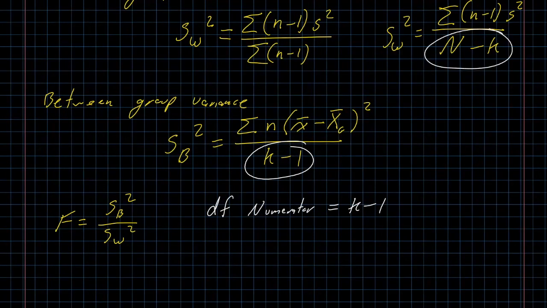And we have this N minus k right there. That's the df for the denominator. Depending on what your F distribution table looks like, this is the denominator's df, or sometimes just dfd to abbreviate it, and it is N minus k.